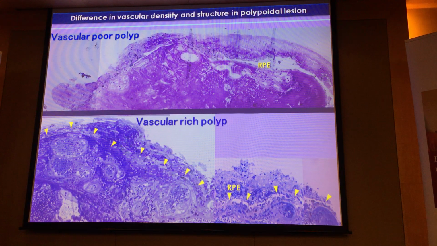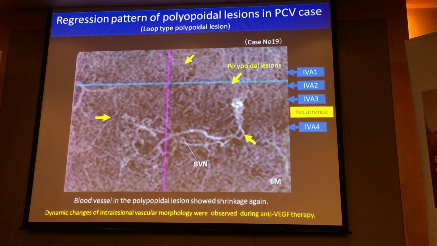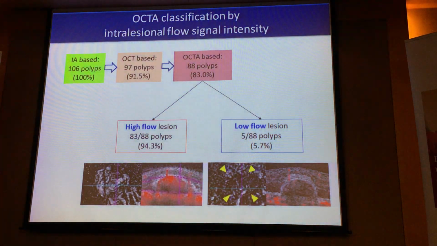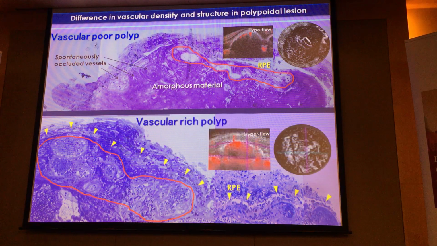This is a specimen from two different patients. This polyp has abnormal vessels at the top of the region, but there is amorphous material at the base of the region, which is a vascular loop polyp.